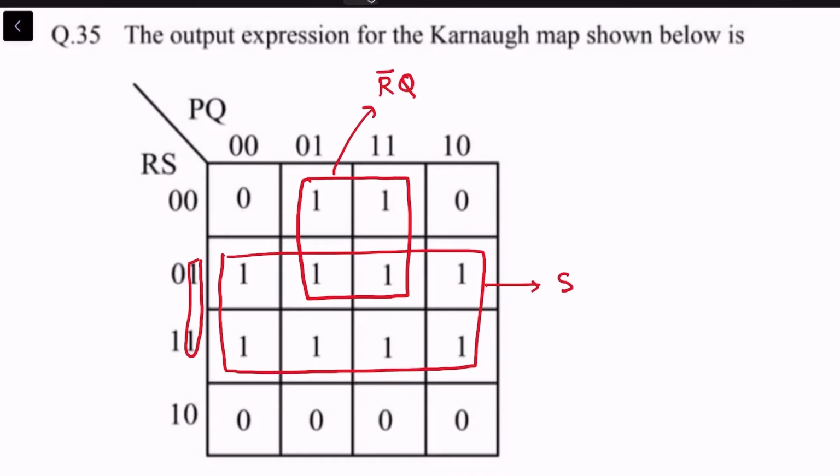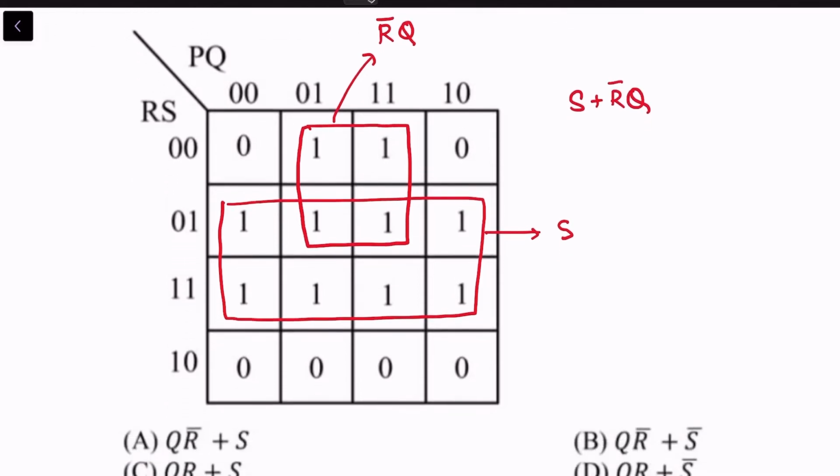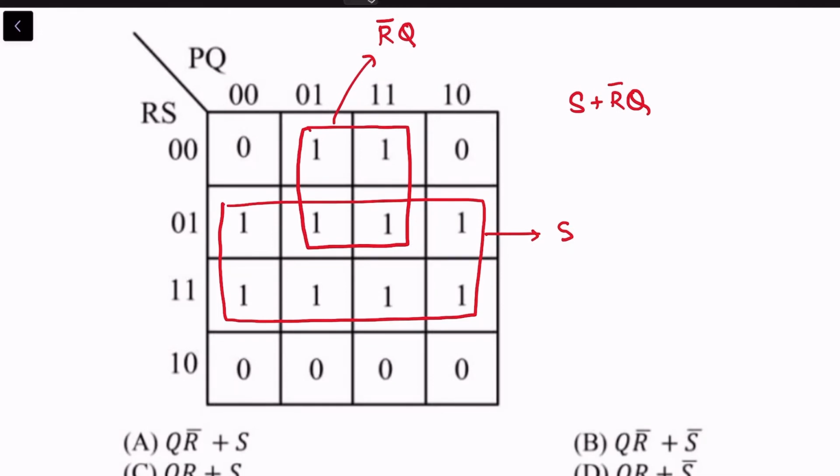So there are two covers here, that is, there are two groupings of ones, each one rendering a product term, right? So that gives the following sum of products logic simplified expression as S plus R bar Q, right?